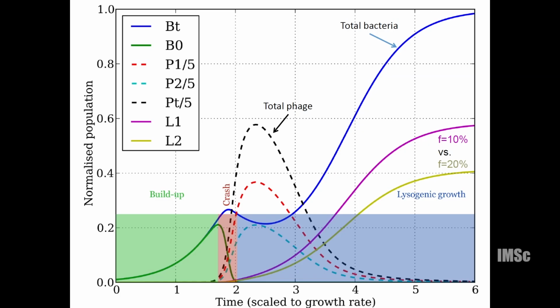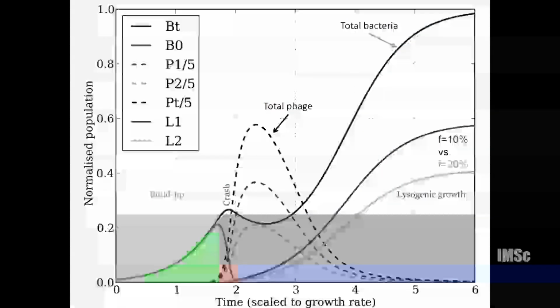There are lots of viruses around, infecting a lot of bacteria, killing them, lots of them are bursting, and some of them are going dormant also. Basically, very quickly all the healthy, uninfected bacteria crash. This is because the virus numbers go up very fast. You can imagine why this is happening.